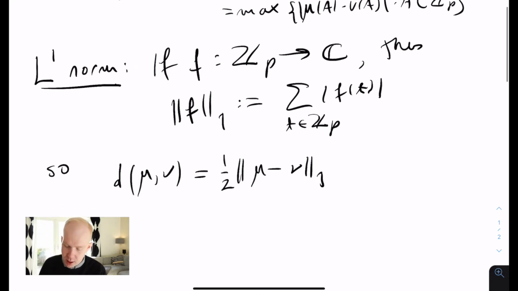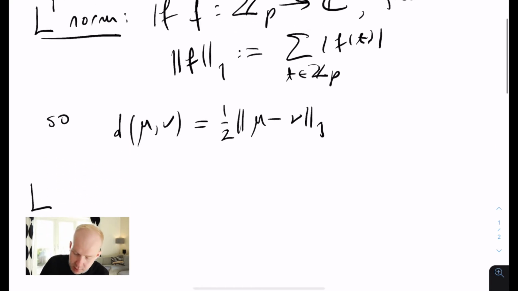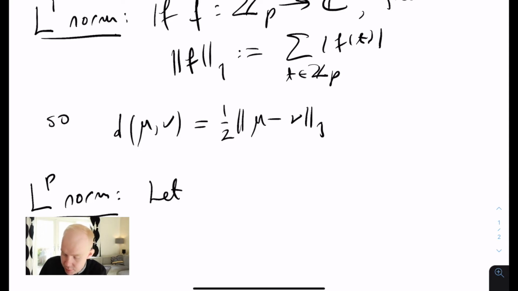Now, the other types of norms that are really used are, of course, the so-called LP norms. Let p be a number; it can be any number greater than or equal to 1 and less than infinity.